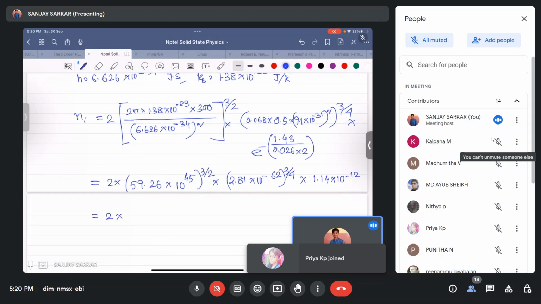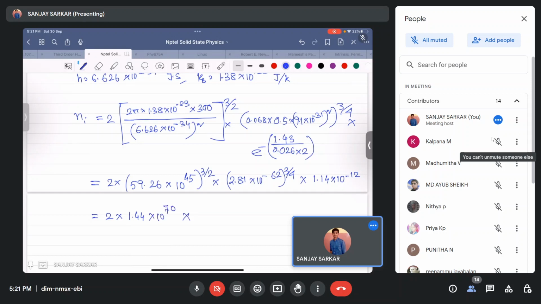Calculate this, then this will be 59.26 into 10 to the power 45 to the power 3 by 2. This is just 1.44 into 10 to the power 17 into, now there is 2.81 into 10 to the power minus 60 to the power 3 by 4.